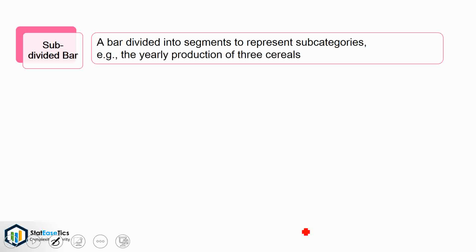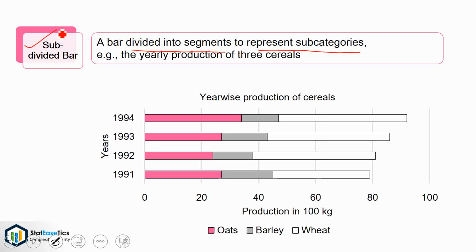A bar divided into segments represents subcategories is called subdivided bar chart. Example, the yearly production of 3 cereals. Subdivided bar of production versus years of year-wise production of cereals is shown.